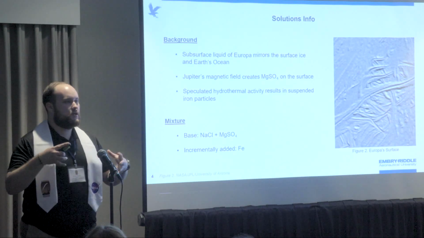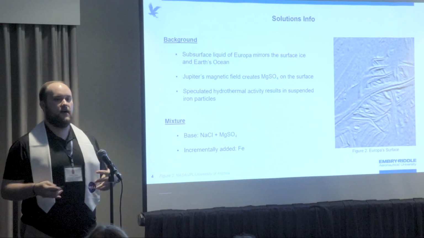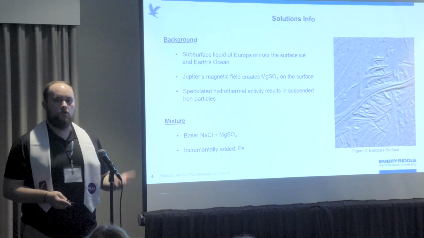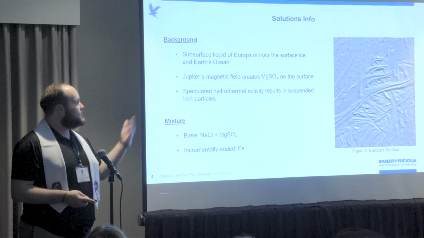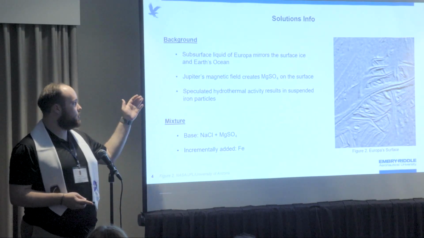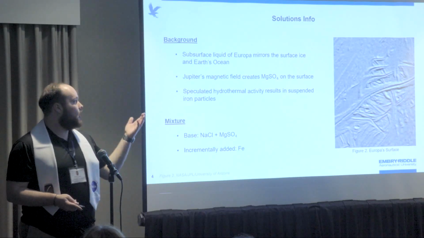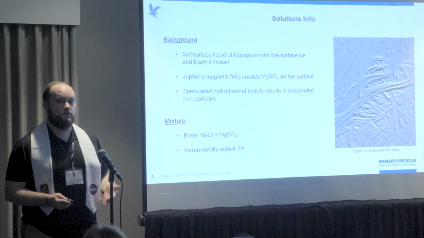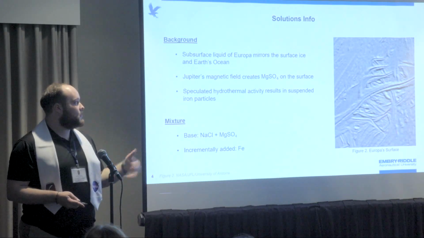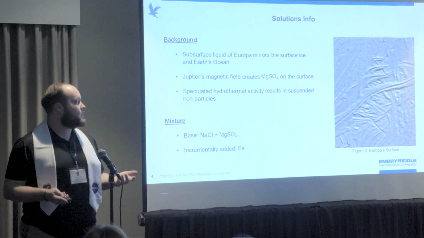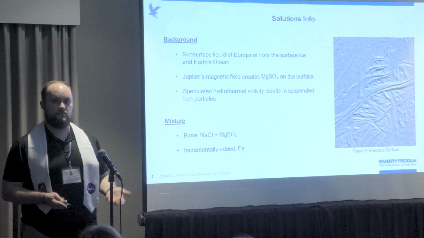At a high level, we define salts as NaCl, or sodium chloride. Then we have Earth's ocean, and Jupiter, of which Europa is a moon, has a pretty intense magnetic field. It's also speculated that this intense magnetic field creates MgSO4, or magnesium sulfate.